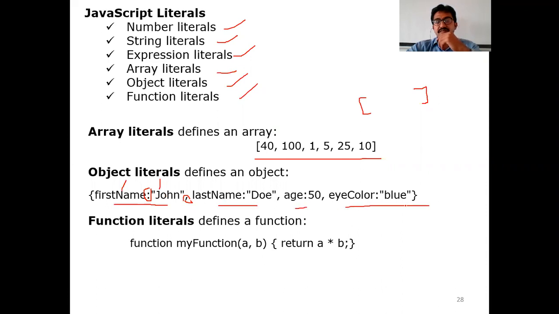Eye color is blue. It starts with open braces and ends with close braces. Like this we can define object literals.